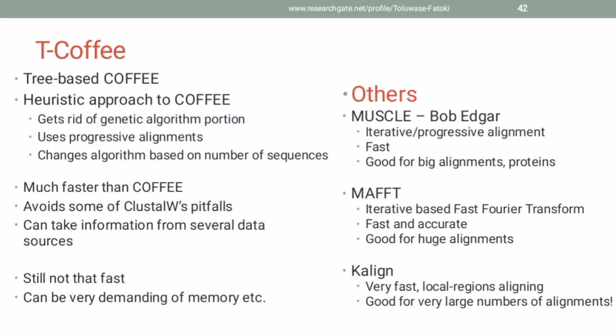It's also based on a heuristic approach and it's faster than COFFEE, but it's still not as fast as Clustal Omega. There are other tools available even on the site. We have MUSCLE, we have MAFFT, and then we have KAlign.